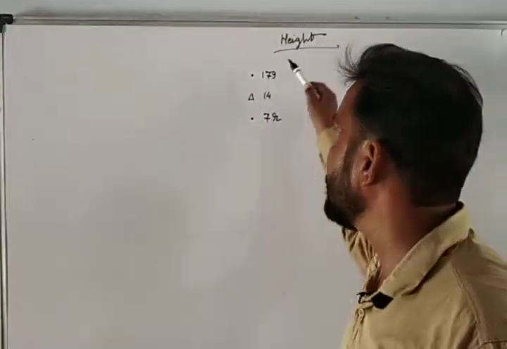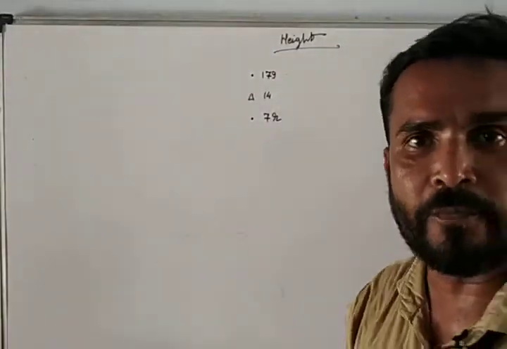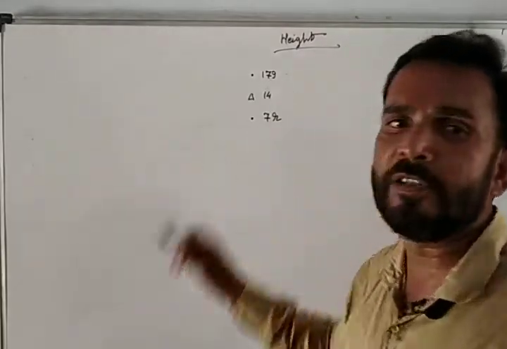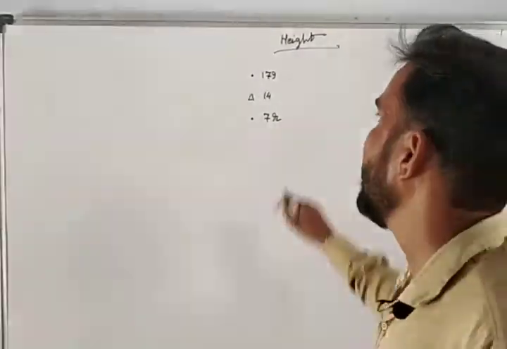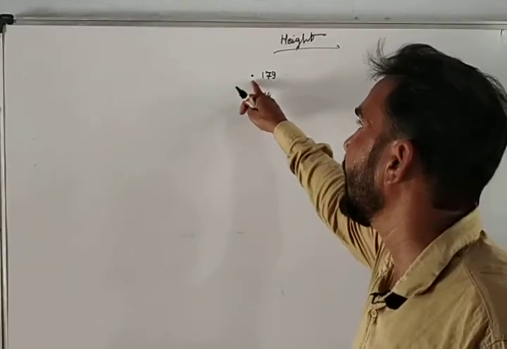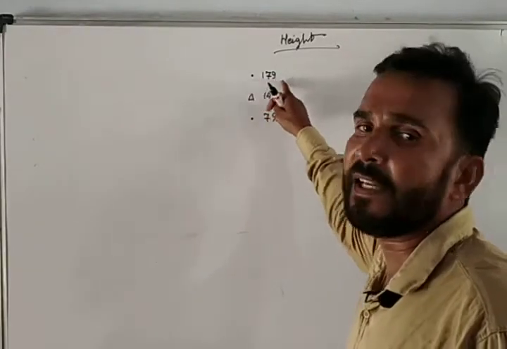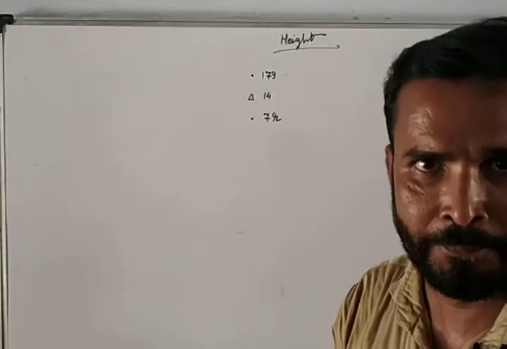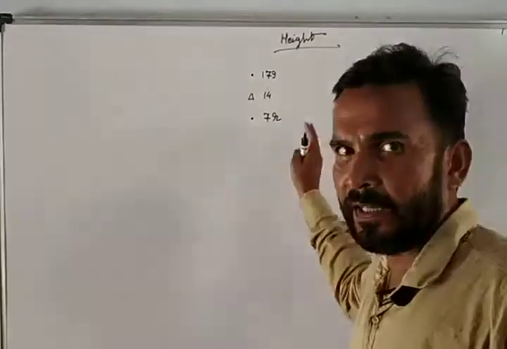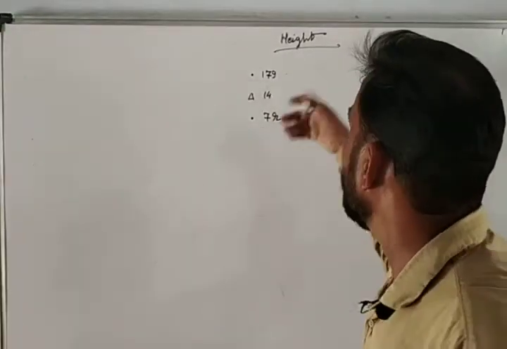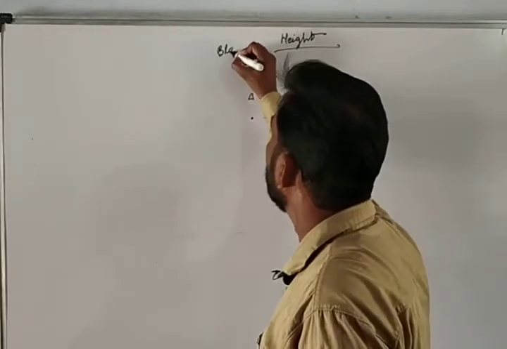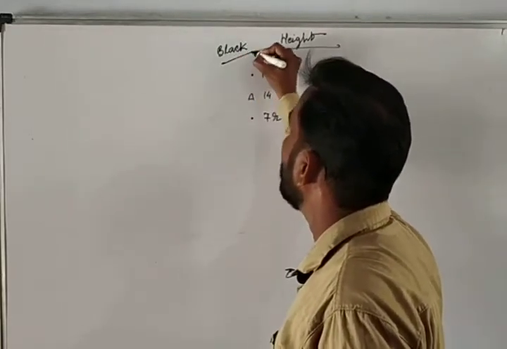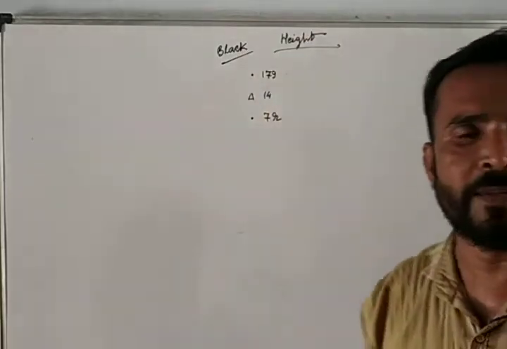Now how can we distinguish between these three types of height? First one is known as spot height. All these will be in black color, so the color will be black. This we have to remember.